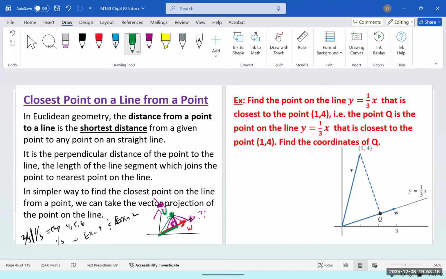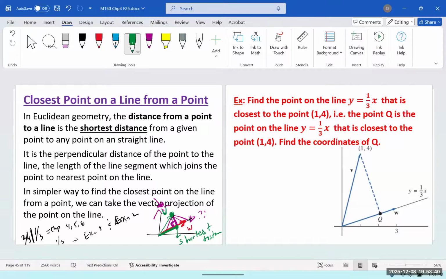So we are going to find this point. That's the criteria. Definitely we can solve it using calculus. We don't need matrix algebra, but matrix algebra makes it a little easier if you understand.